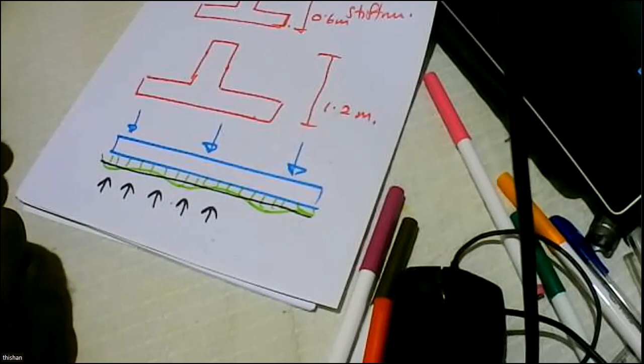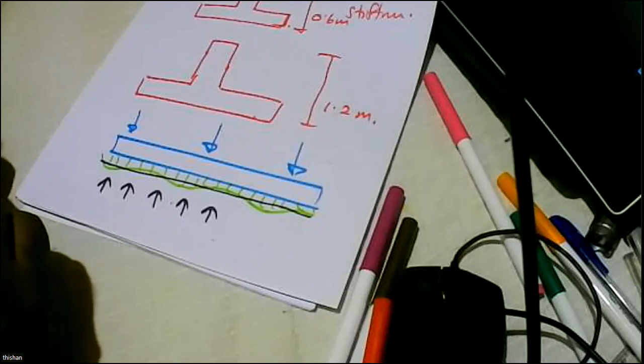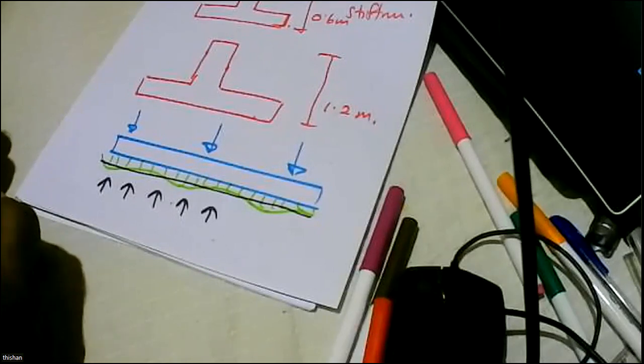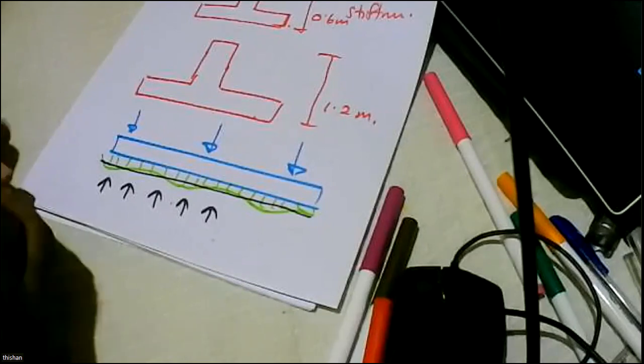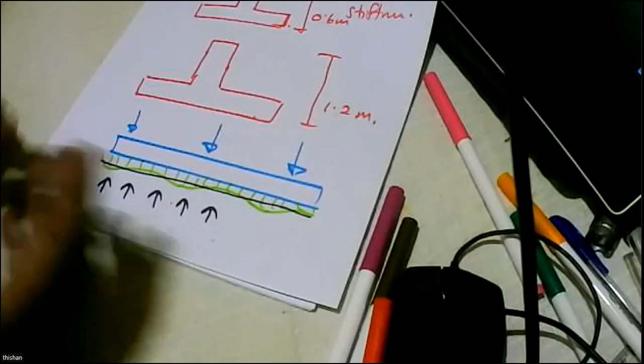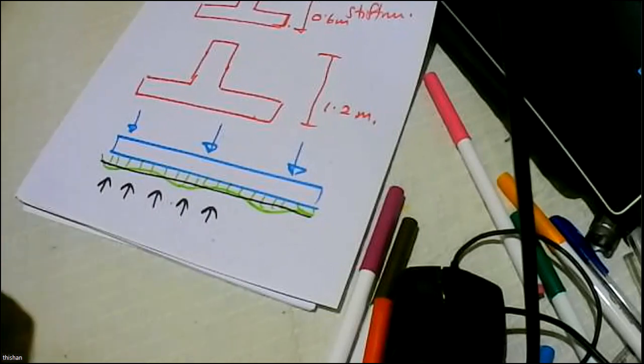And to experiment with different soil parameters, and also to see what kind of stresses occur, we can actually change the stiffness of the foundation easily by using Winkler springs.